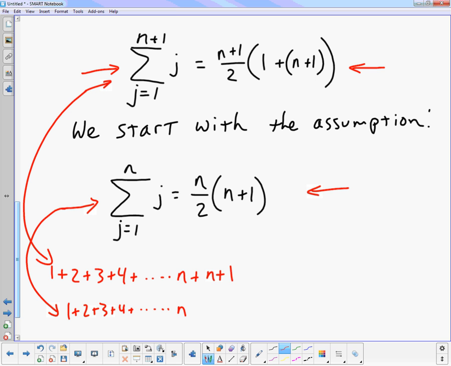So how am I going to go from one to the next? What do I have to do to it? Add what? Add n plus 1. If I add n plus 1 to that left-hand summation right here, I will get that. Because that just means I'm adding another number to it, yeah.